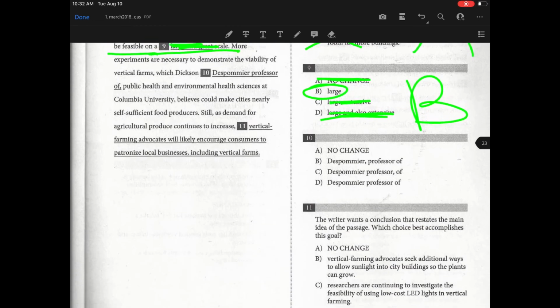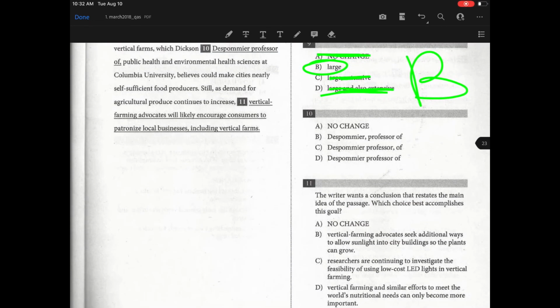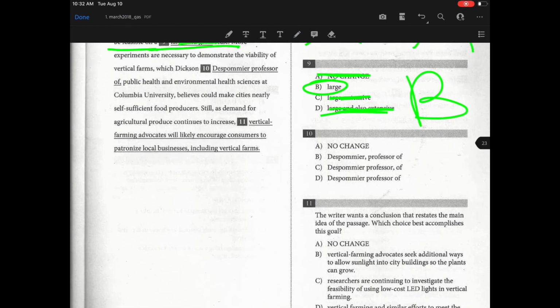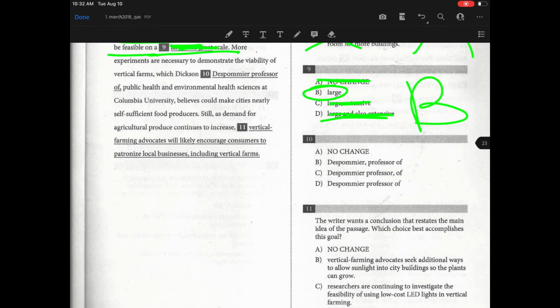Now let's look at questions 10 and 11, and these are the final questions for this video. Let's check this out. 10. Oh no, I think I went way too far down. So number 10, demonstrate the viability of vertical farms with which Dixon Despommier, professor of, okay, I got it.